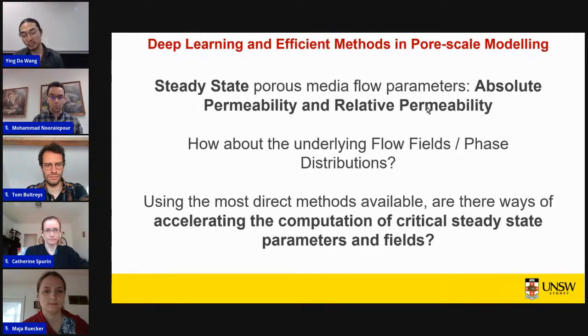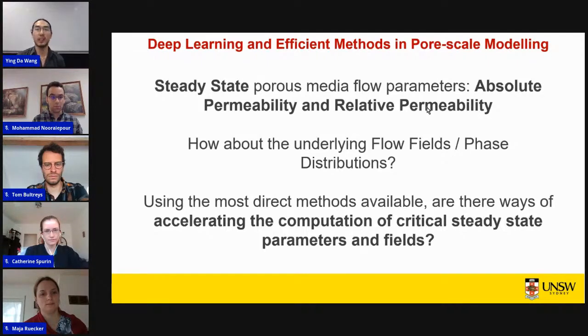The main thing I want to focus on is that in pore scale modeling, what we care about a lot is the absolute permeability and the relative permeability. Something very specific about them is that they are steady state.